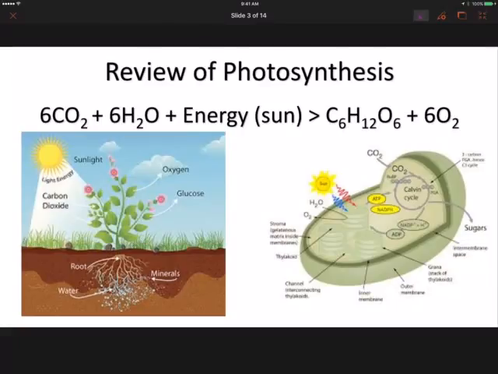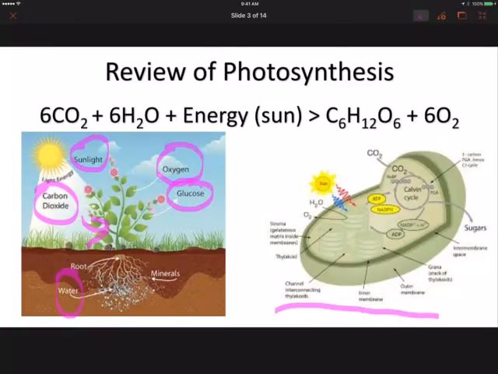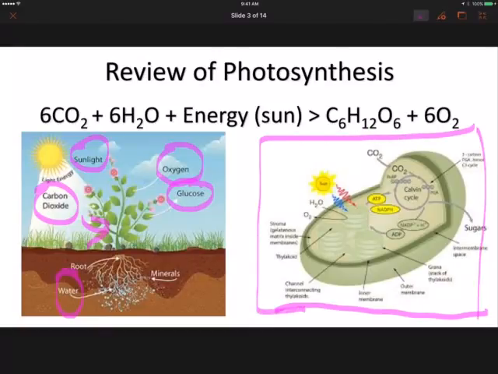Photosynthesis is when carbon dioxide and water enter a plant or another organism that has chloroplasts, and it uses the energy from the sun to produce glucose and oxygen. This all happens inside of the chloroplast if I'm a plant or some other photosynthetic organism.